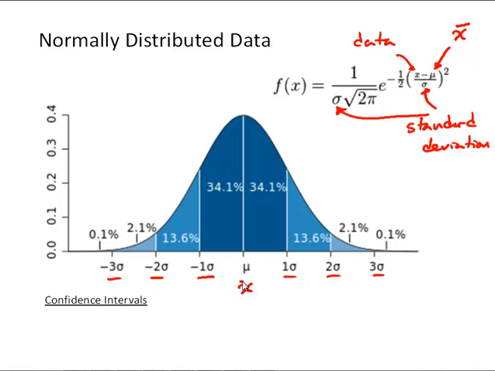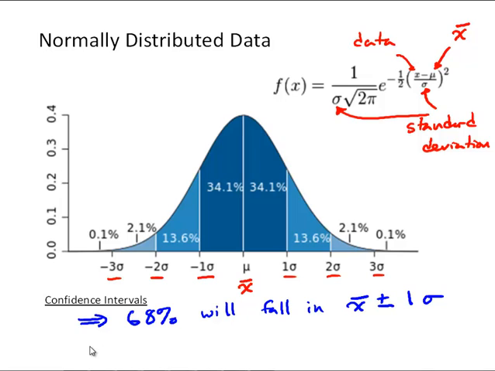Again, that's the mean, x bar, and what this tells us is that 34 plus 34 is 68. So we have a 68% probability, or we expect 68% of the data will fall in the mean plus or minus 1 standard deviation.